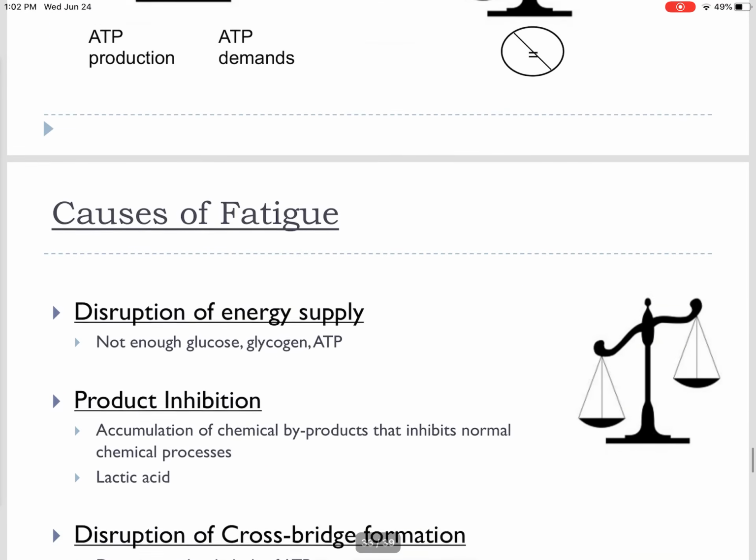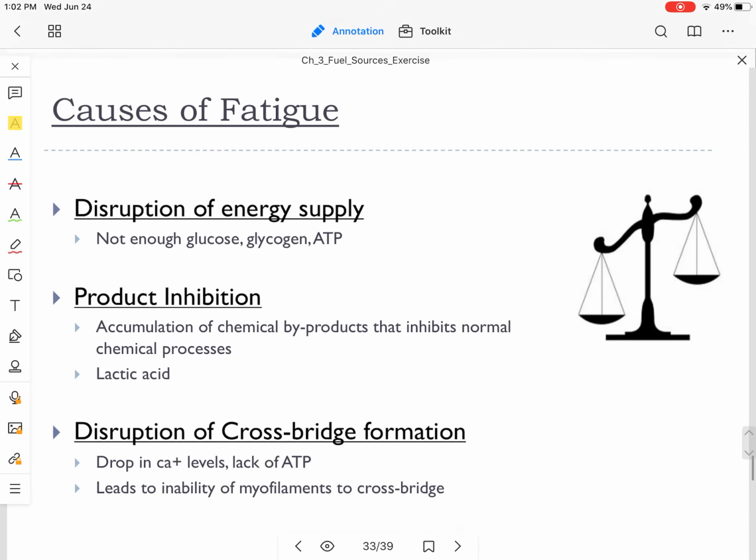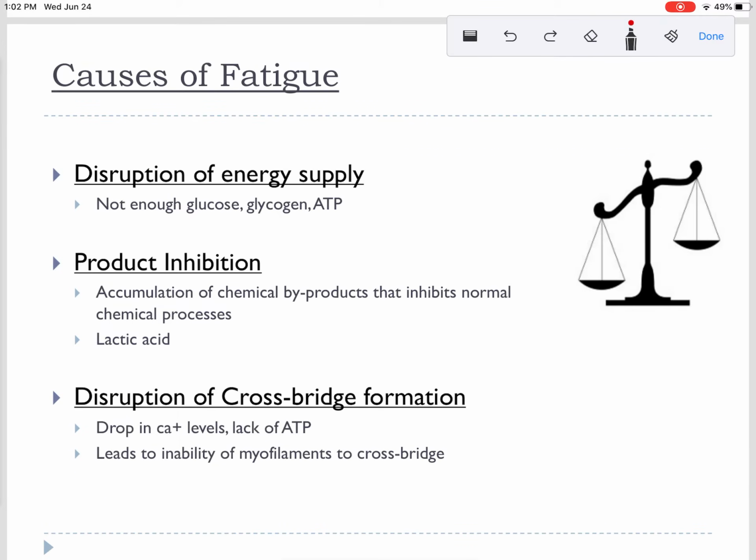Now, how that happens, there's a lot up for debate. There could be some kind of disruption to the energy supply. And I'll be honest with you, that's what we used to think was really the only answer. Well, if the muscles don't have fuel, it must be because of an inability to produce ATP.